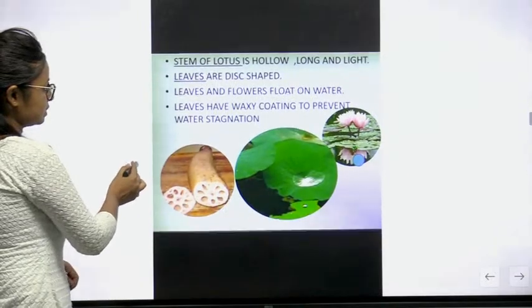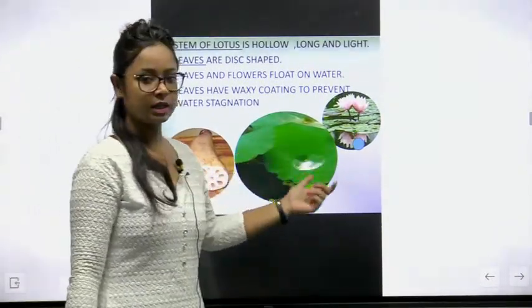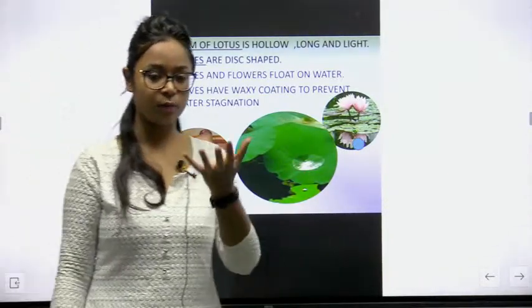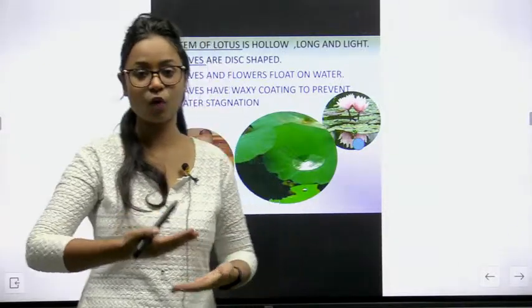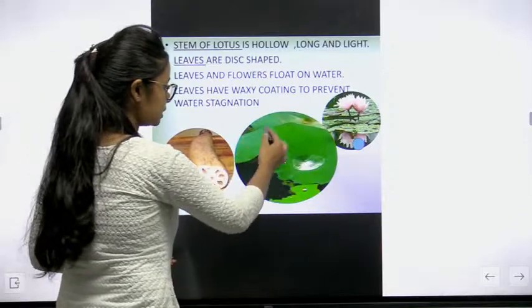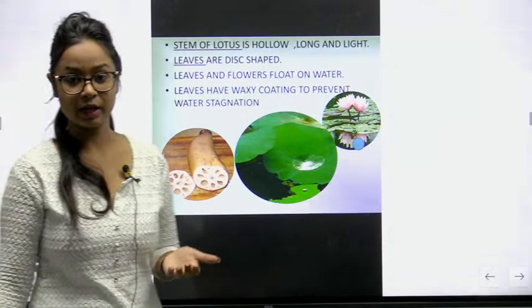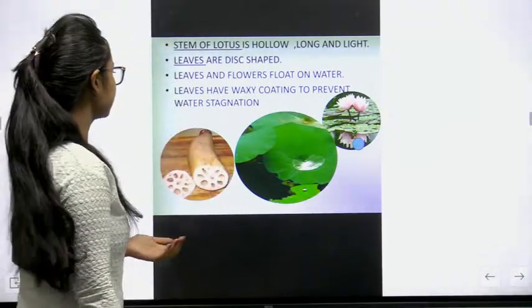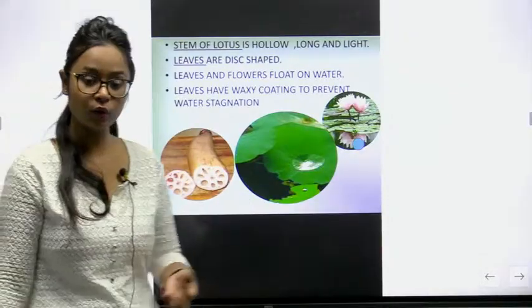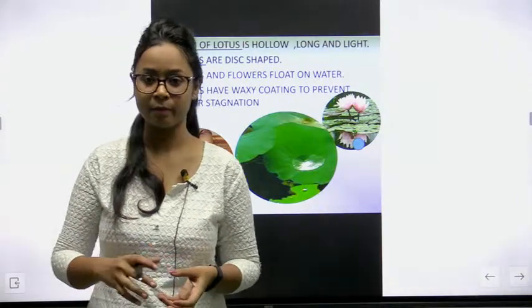Now the stem of lotus is hollow. These are their stems. They are hollow and also lightweight. Their leaves and their whole body are very lightweight so that they can float easily on water. Second, their leaves are disc-like, you can see in this picture, so that they can easily float on water. Also, leaves have a waxy coating to prevent water from causing damage. As I told you, if we put something in water for a very long time, it starts getting damaged.